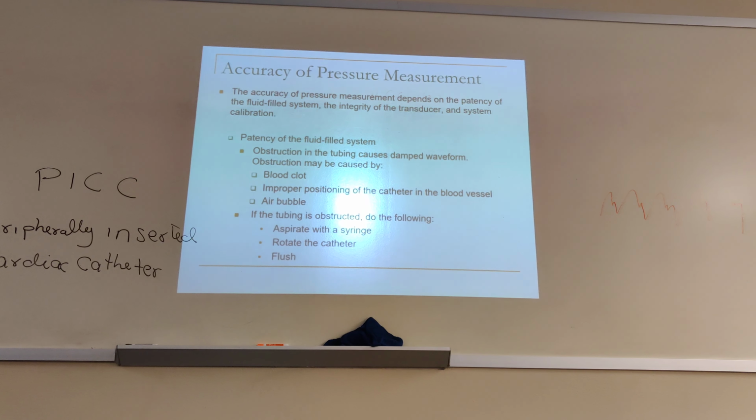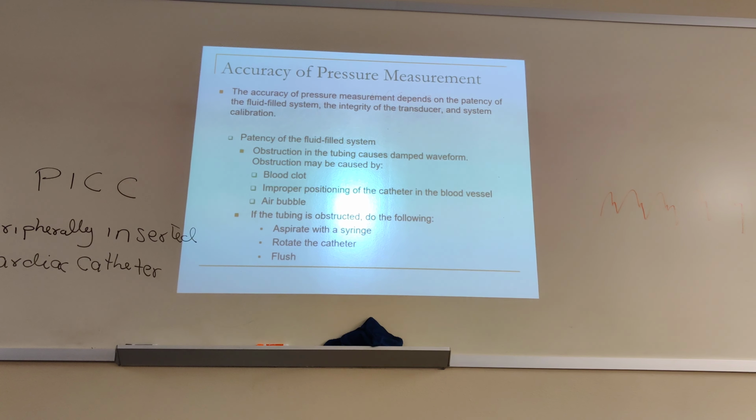The accuracy of pressure measurement depends on the patency of the fluid-filled system, the integrity of the transducer, and system calibration. What will determine the accuracy of the pressure you're measuring will depend on those three things.